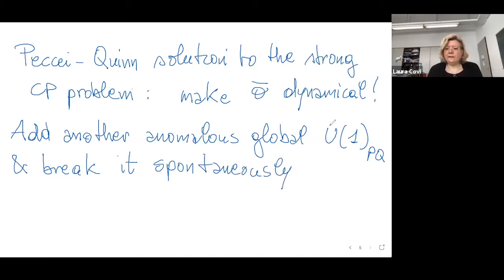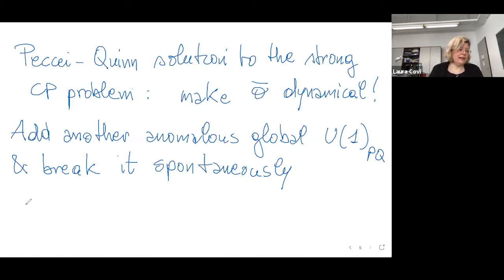So when you break this U1, as you probably all know, you always have still the freedom to move, if you want, in the angular direction. This is similar to a spontaneous symmetry breaking also, if you want, of a U1. You can think about it also similarly to what happens in the standard model, even if here it is, of course, a global symmetry.